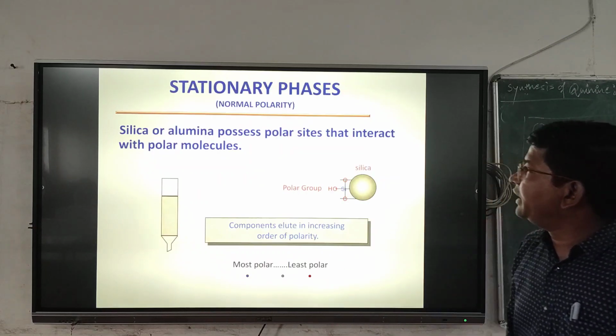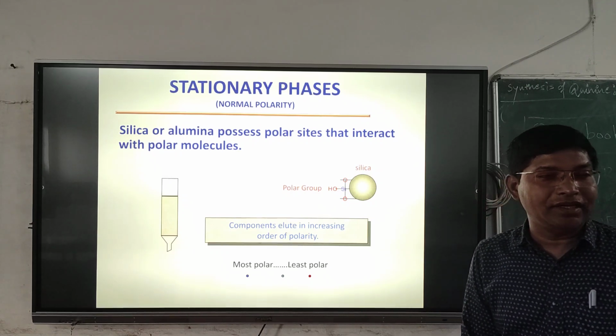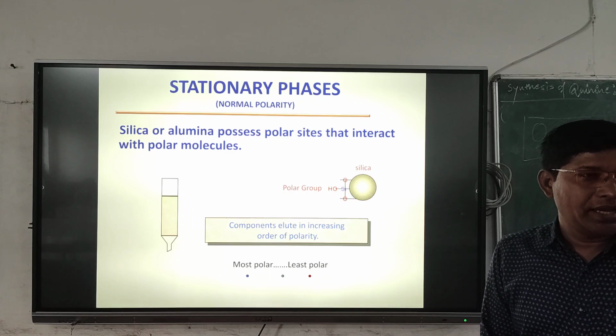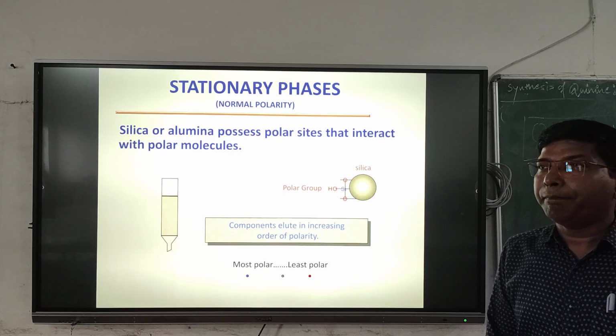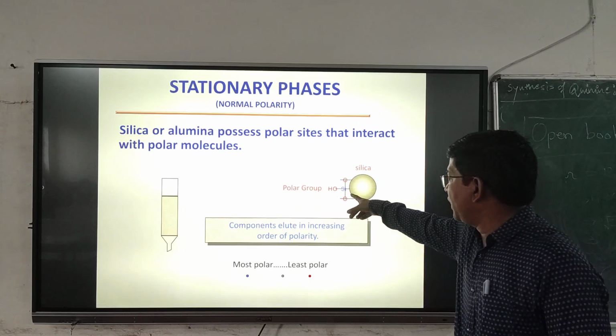Generally in normal phase chromatography we use silica or alumina, because these are highly polar, and we pack this material into the column.